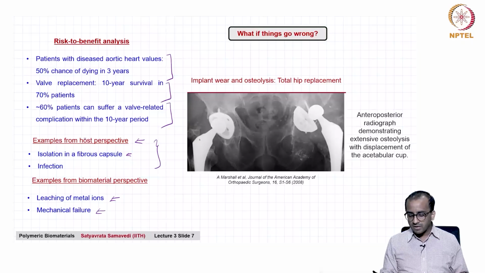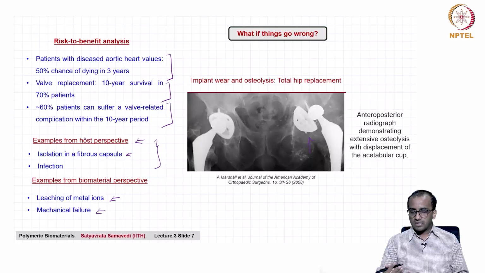So this is an example of what happens if things go wrong. What you are seeing here is the anterior posterior radiograph demonstrating very severe osteolysis occurring from wear debris. So this is an acetabular cup which has been displaced here, and this is a hip implant, and what has also happened is the hip implant has a polymer lining.